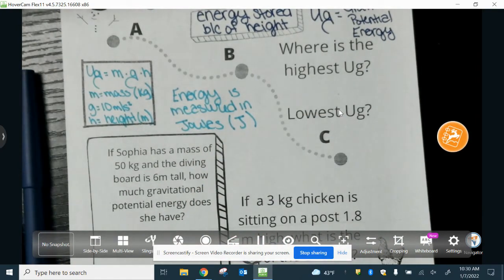Energy is measured in joules. So when we find the gravitational potential energy of something, the unit would be in joules.